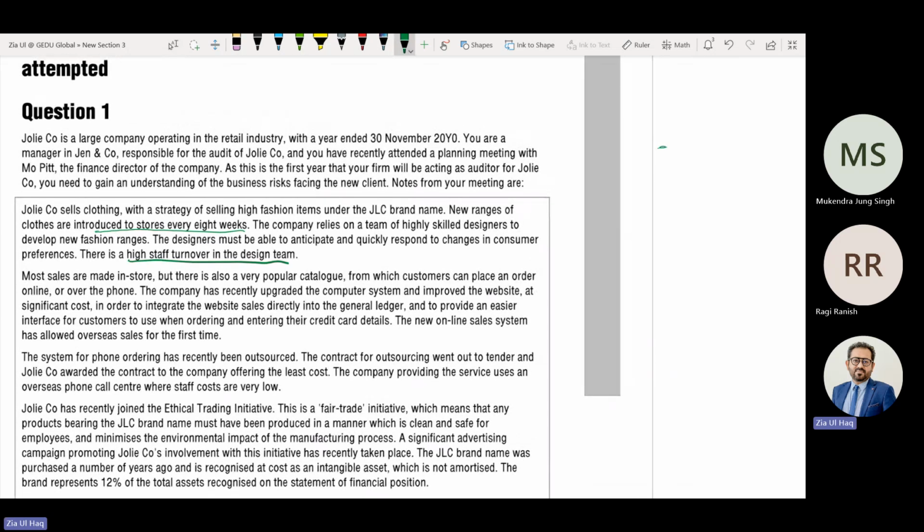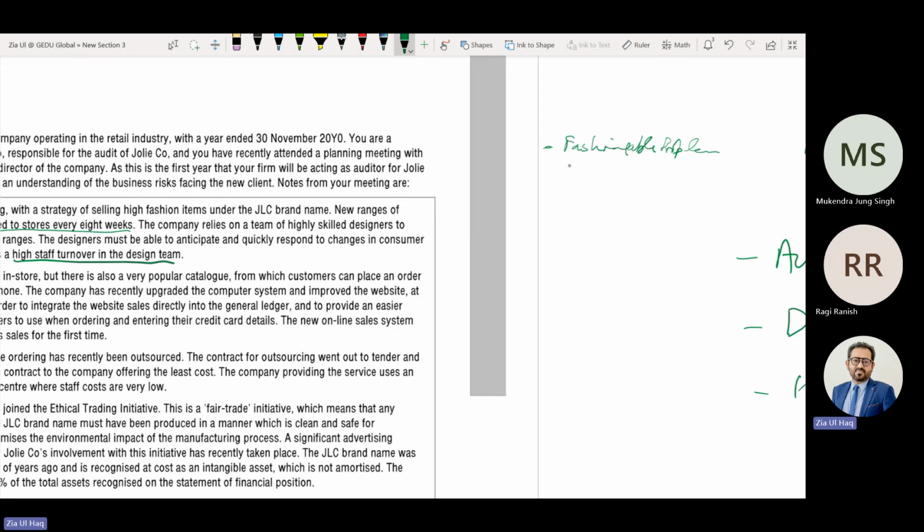So fashionable products. So business will be facing huge obsolete inventory losses that would affect the objective of the organization.